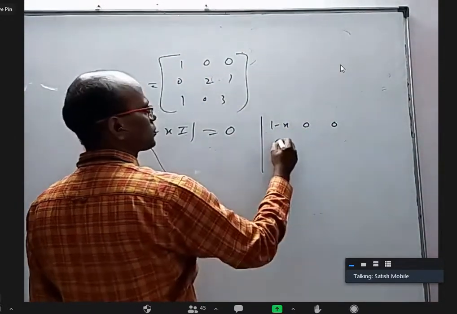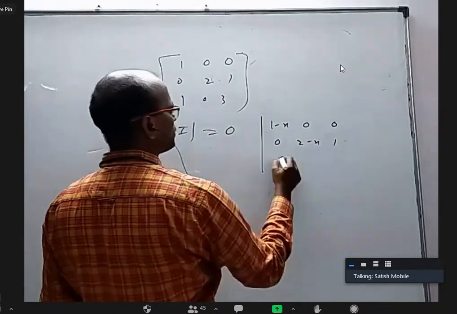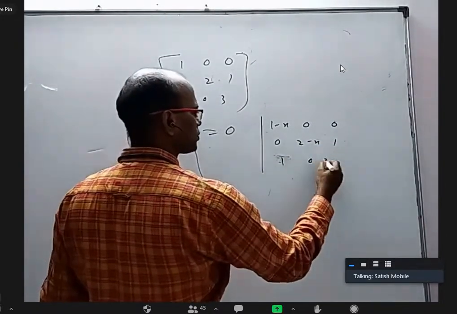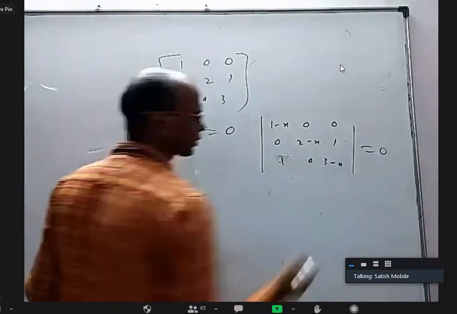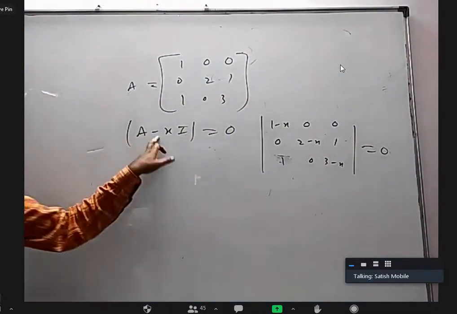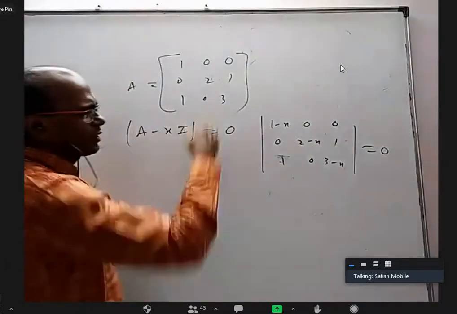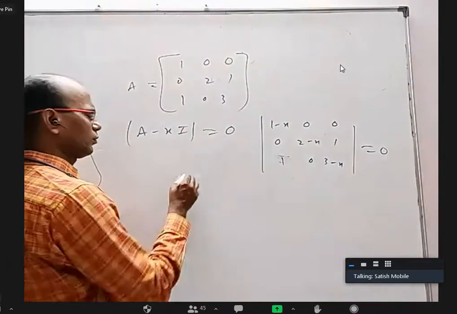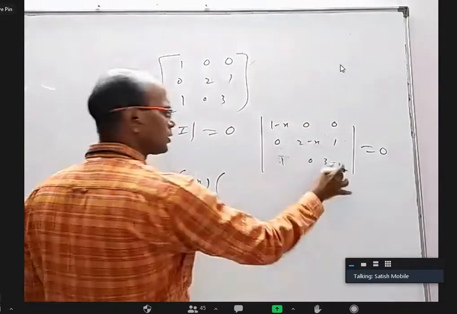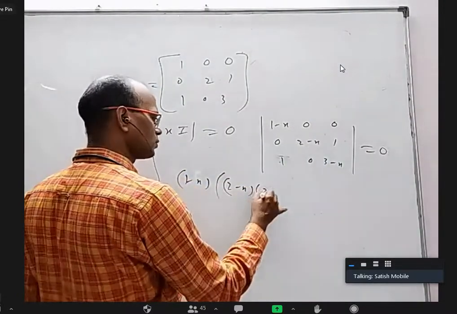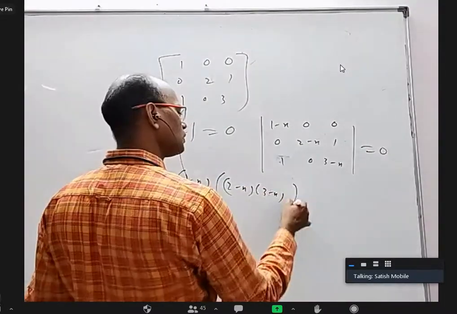So the determinant of 1 minus x, 0, 0; 0, 2 minus x, 1; 0, 1, 3 minus x is equal to 0. You multiply the identity matrix with x, subtract it here and find the determinant. It is 1 minus x into 2 minus x into 3 minus x equal to 0.